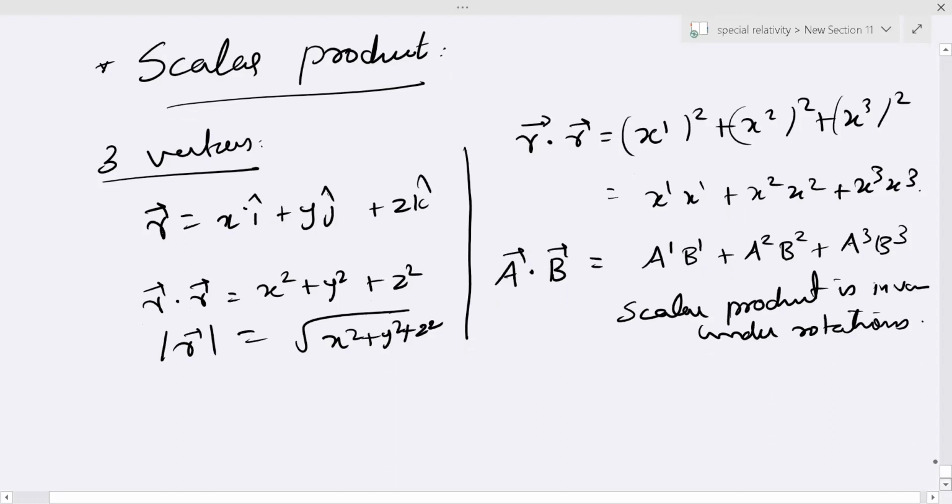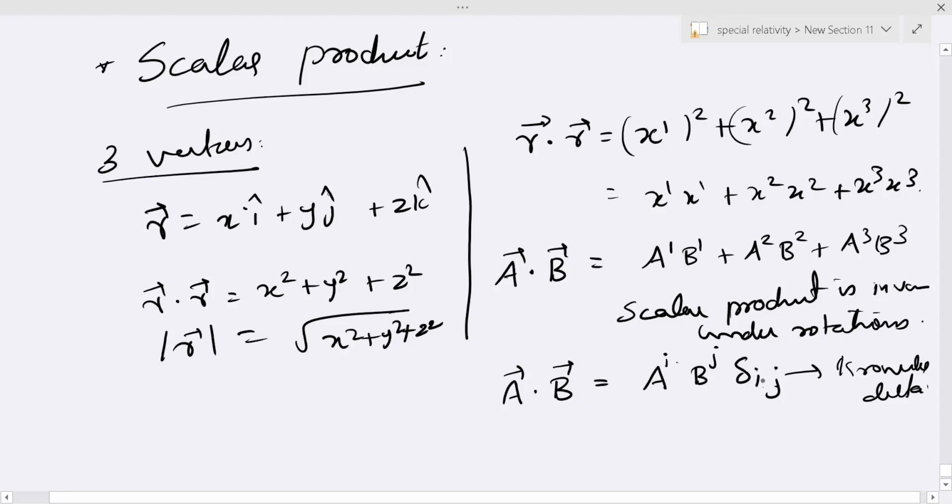Now again, there's a nice way of writing this. We can write a dot b as ai bj delta ij, where delta ij is the Kronecker delta. If i equals j, this gives you 1. Remember that this is a summation over both i and j.